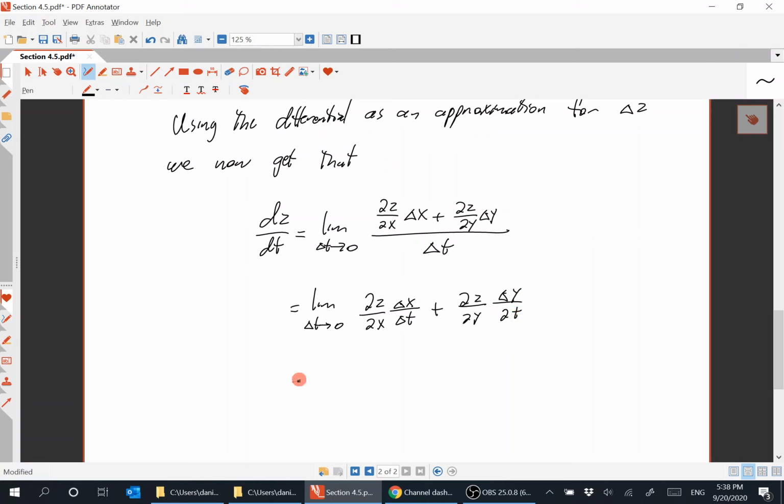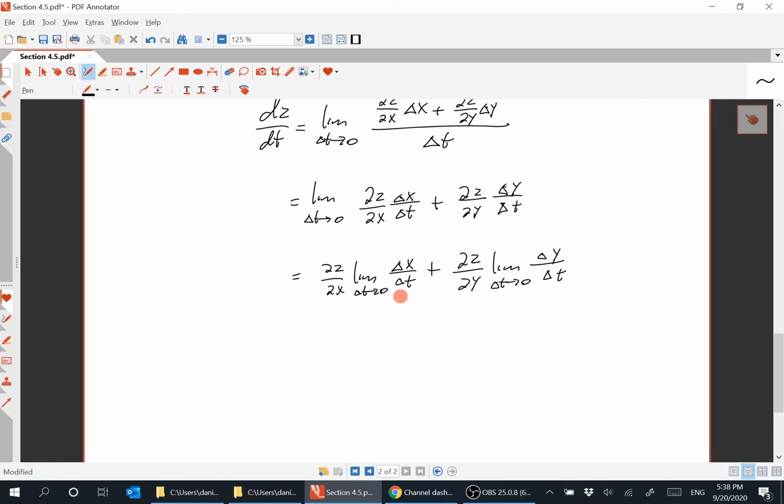Well, these partial derivatives are constants, and we have the limit as delta t goes to 0 of change in x over change in t, plus dz/dy times the limit as delta t goes to 0 of delta y over delta t. Well, the change in x corresponding to this change in t is, by definition, dx/dt.